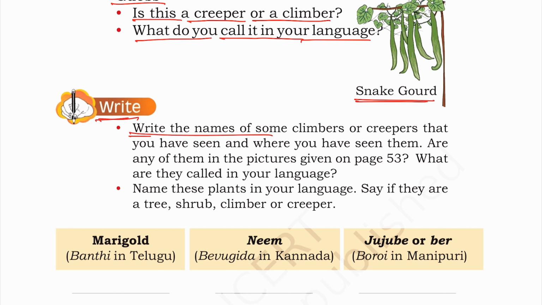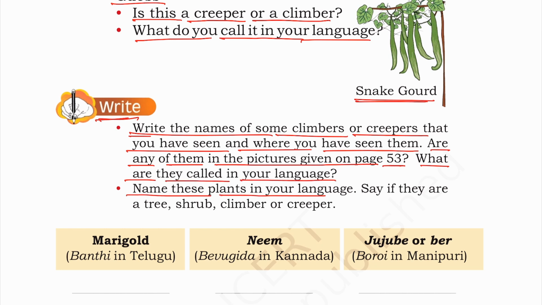Write the names of some climbers or creepers that you have seen and where you have seen them. Are any of them in the picture given on page 53? What are they called in your language? Name the plants in your language. Say if they are a tree, shrub, climber, or creeper.